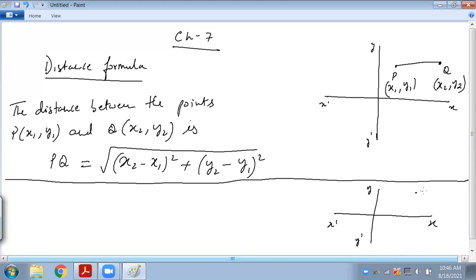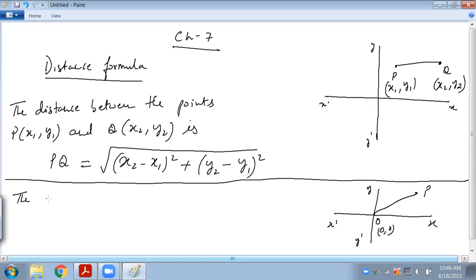The origin is the place or the point where the two axes meet. Origin is here. It is taken as O, and the coordinates are (0, 0). Now the distance between the point and origin is given by what?